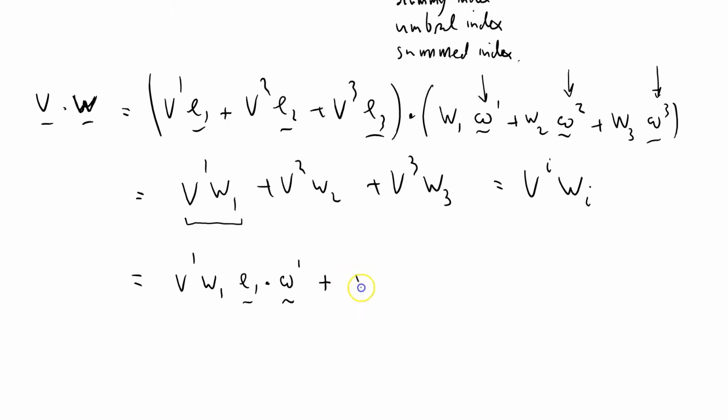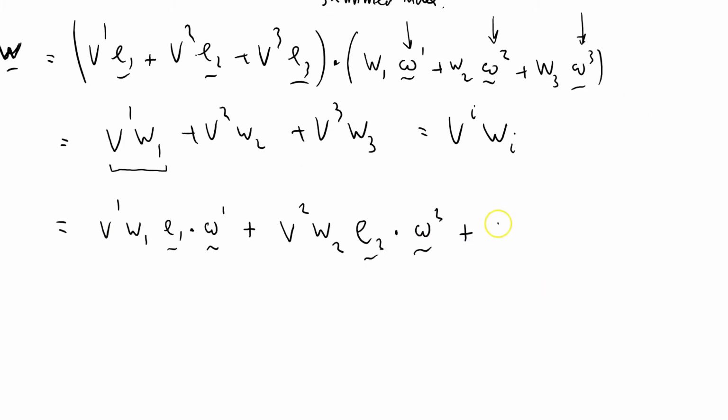See if I can do the other one now. v2 w2, so it's this one times this one, e2 dot omega 2 plus v3 w3 e3 dot omega 3.